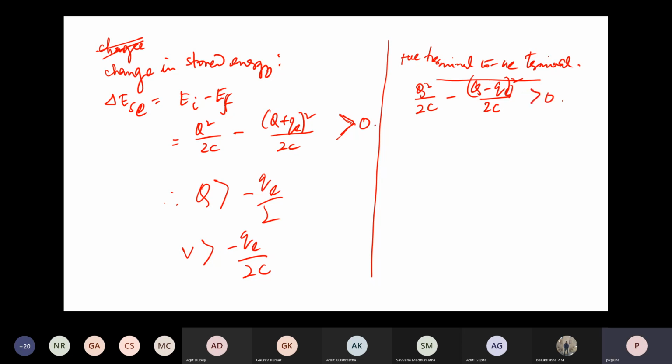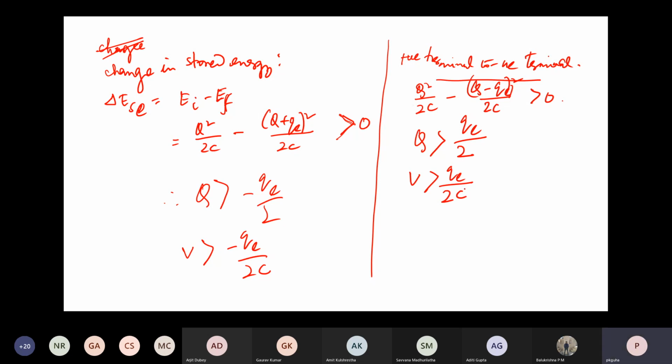Following the same argument, this should be greater than 0, and this will ultimately give you Q greater than Q_E over 2, and the corresponding V is Q_E over 2C.